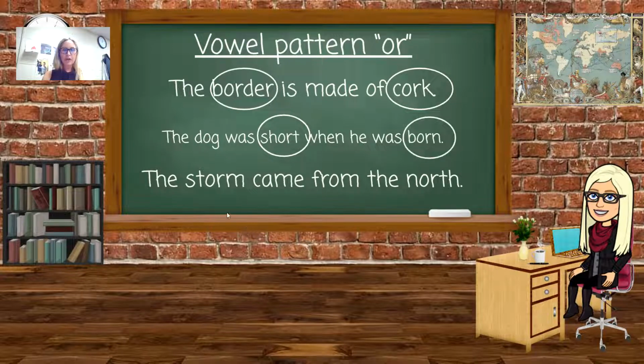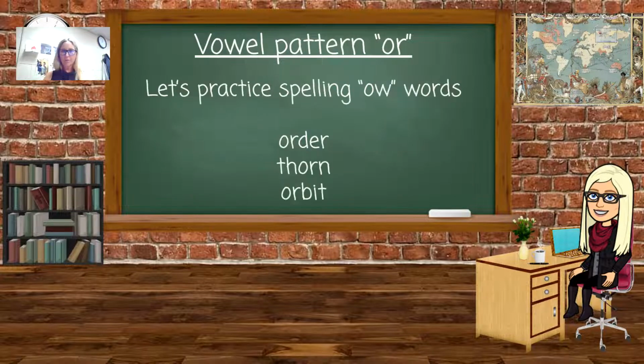You should have written down storm and north. So let's take a look at the words that we're working on so far that have the or pattern. Border, cork, short, born, storm, and north. So check your work, reread those words at home.